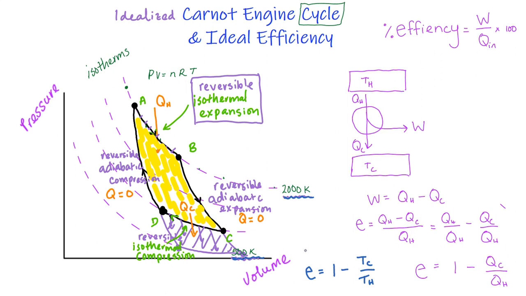So this only works for the Carnot engine, whereas this way to calculate efficiency, you can use for any engine cycle. This one only works for the Carnot cycle. And in doing this, you create the most efficient engine possible, but it's the least practical engine possible.